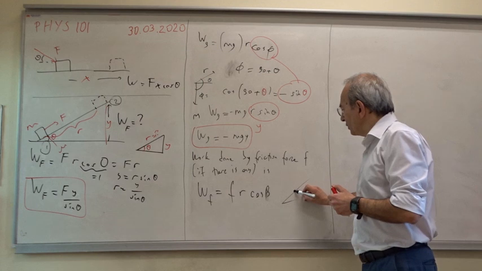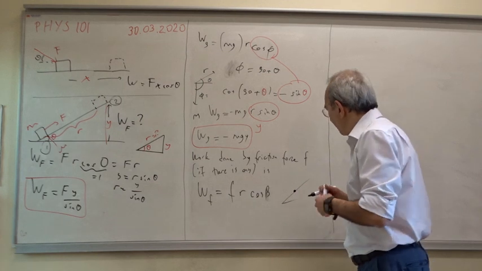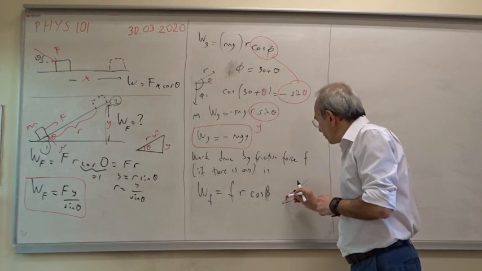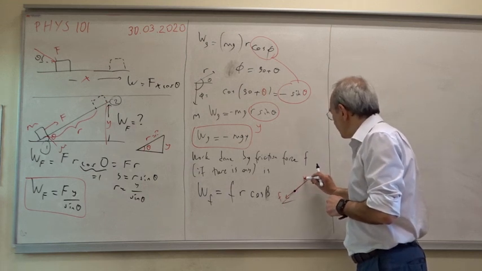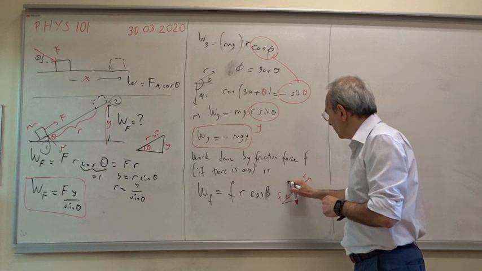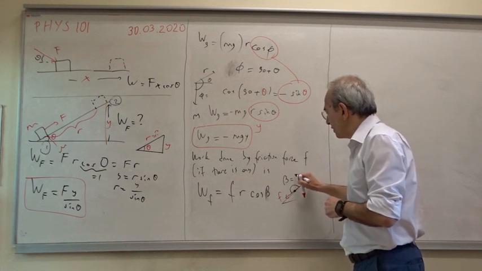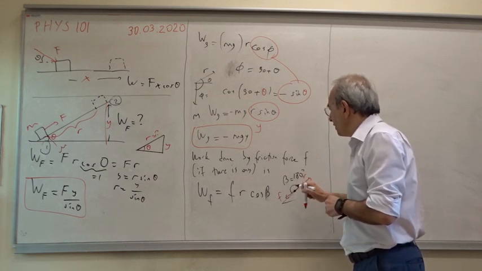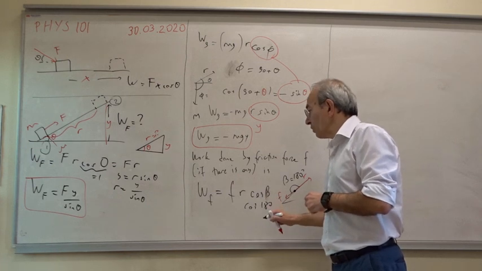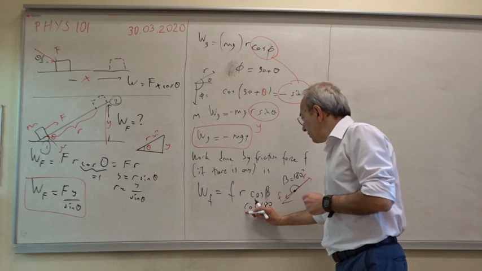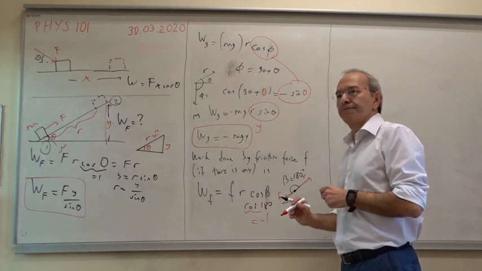This is the block, and that friction force acts down, but displacement r is this way. So this angle, beta, is in this case 180 degrees. So we have to write here cosine 180. Well, what is cosine 180? It is just minus 1.